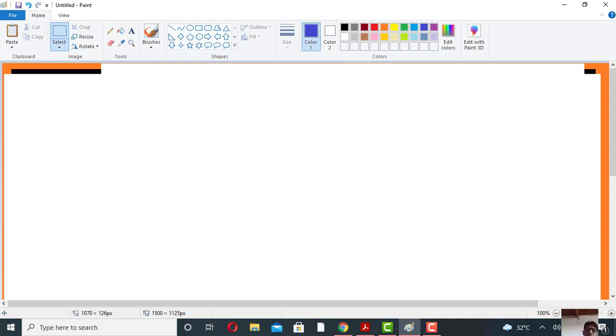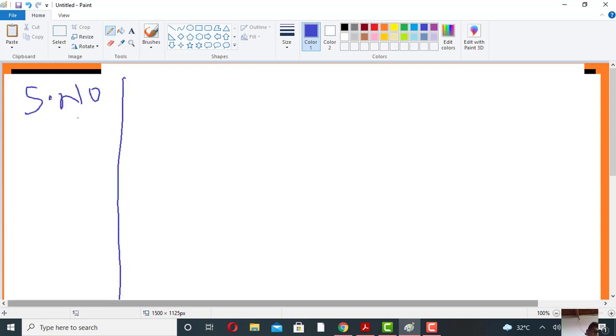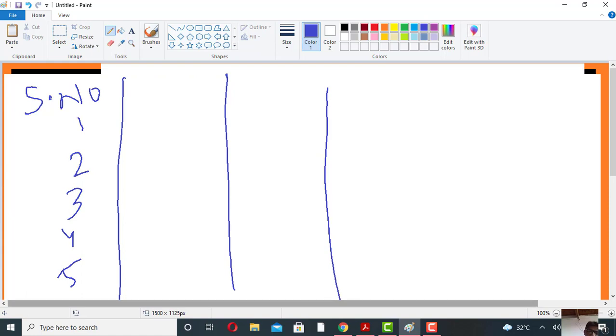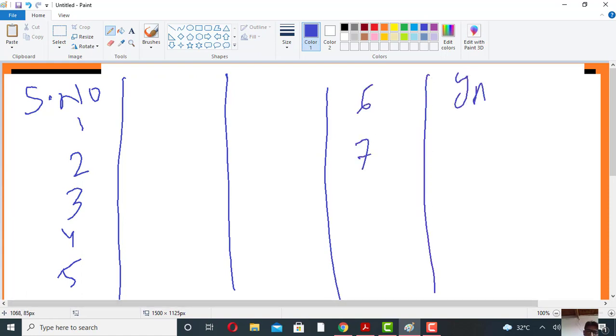During the second experiment, when the temperature was 20 degrees and pressure was 1 atm, we make a table. So serial number, experiment number 1, 2, 3, 4, 5, 6, 7. And this is YAE dash, XAE dash.